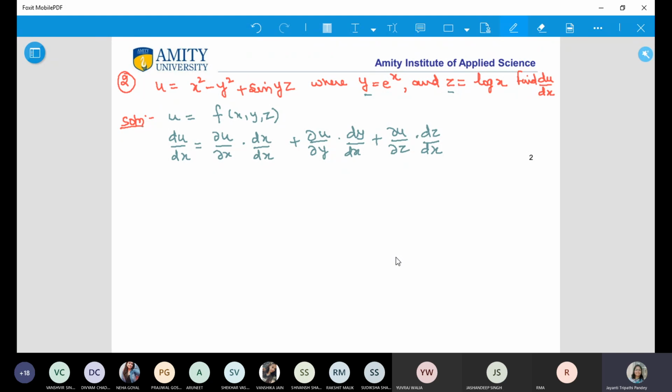Ma'am, please explain it. See, suppose x, y, z depend on t. Then how will you write? You will write du by dt, na? And then you will say it is del u by del x into dx by dt plus del u by del y into dy by dt plus del u by del z into dz by dt, if you include the third variable also.